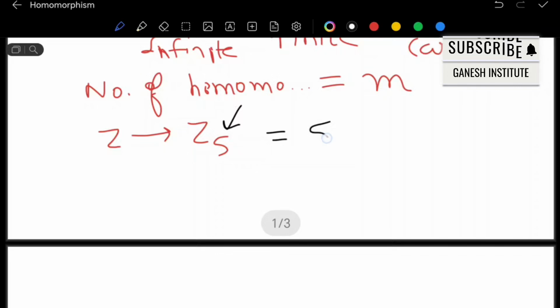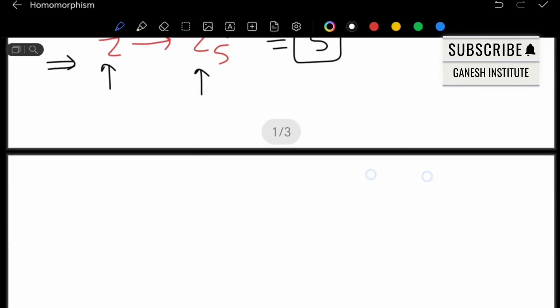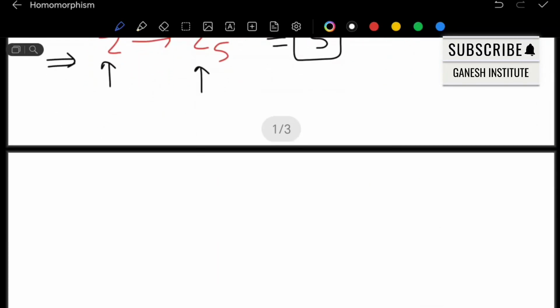There will be 5 homomorphisms from Z, which is infinite, to Z5, which is a finite group.